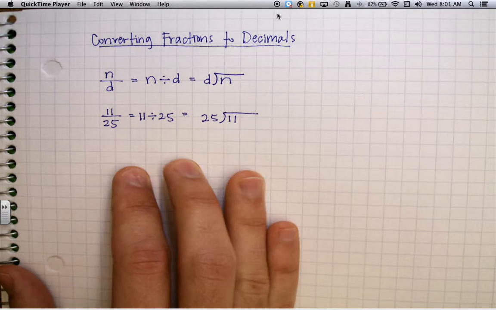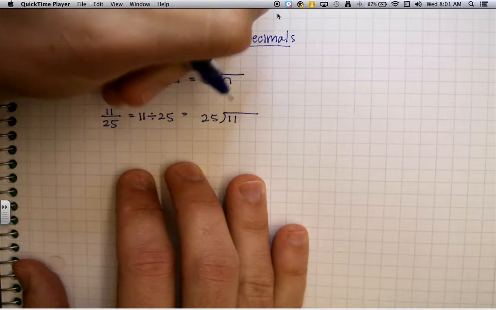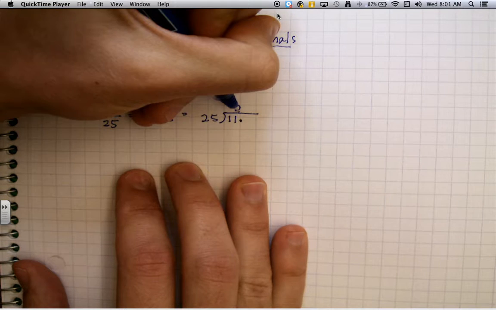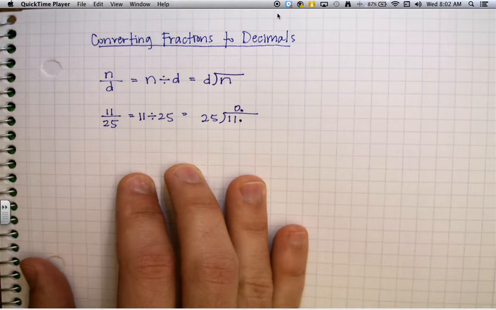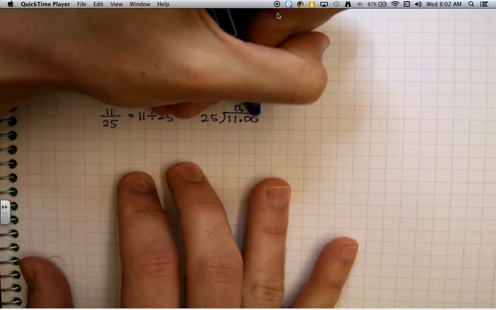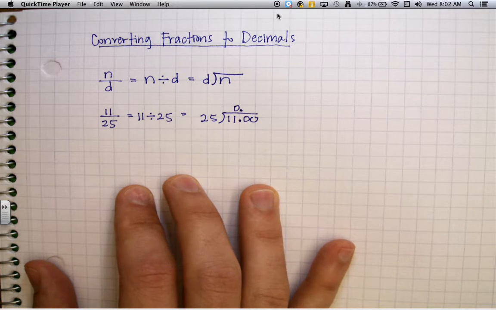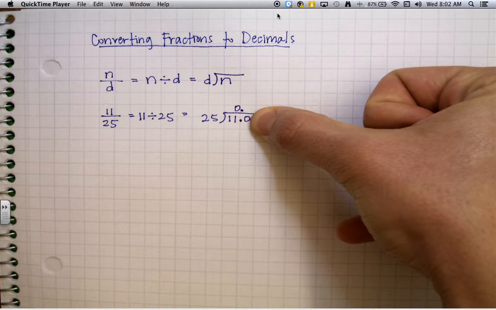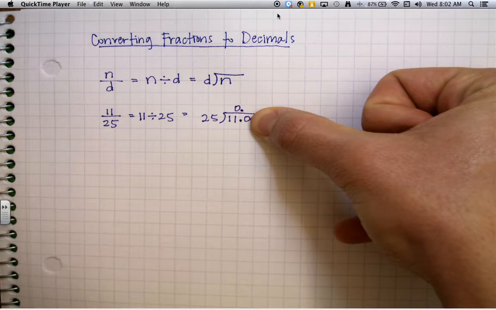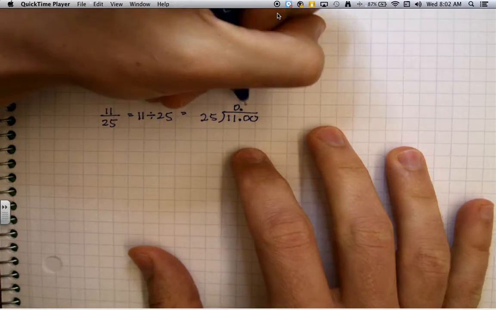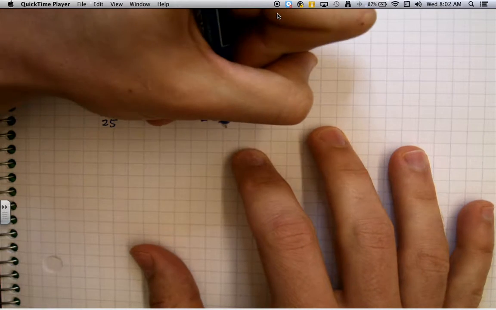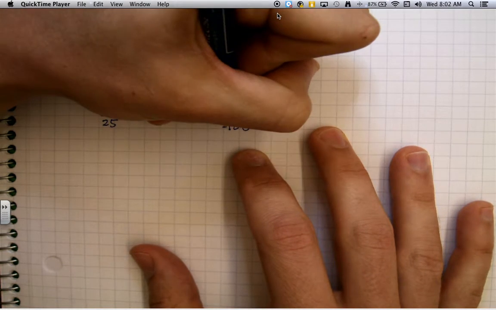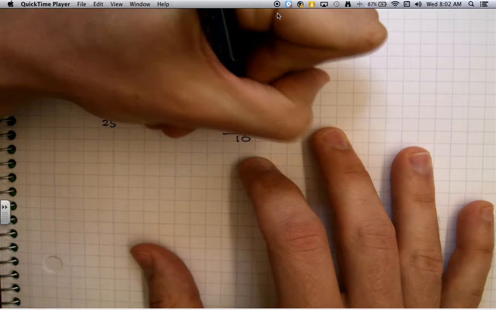Now I can't fit a whole number of 25s into 11, but if I introduce a decimal point here and here, and I bring in some of my zeros that exist to the right of that decimal point, I can now start thinking of this in terms of larger numbers like 110. How many 25s fit into 110? I know that I can fit 4 groups of 25 into 110 with 10 left over.